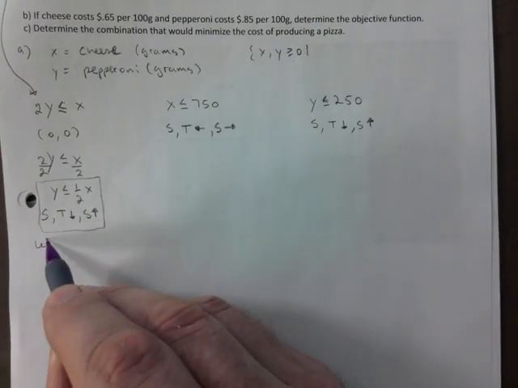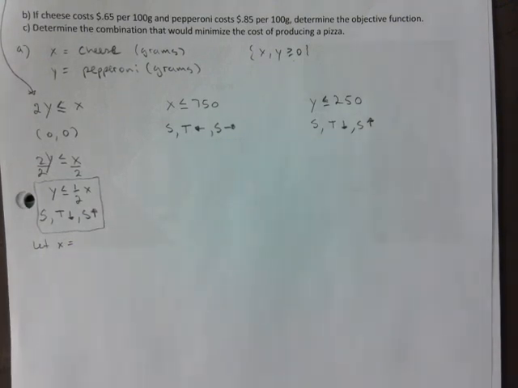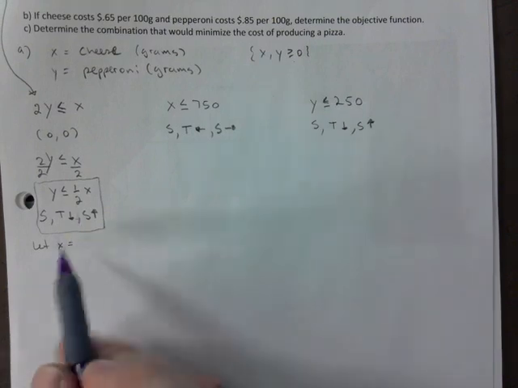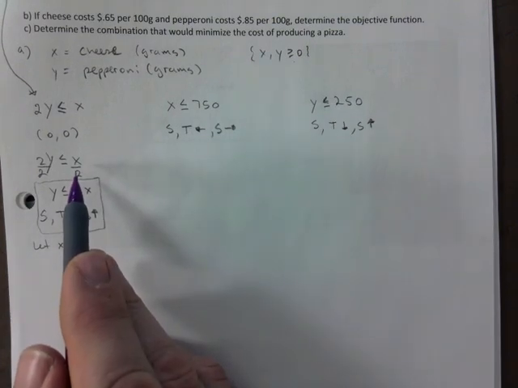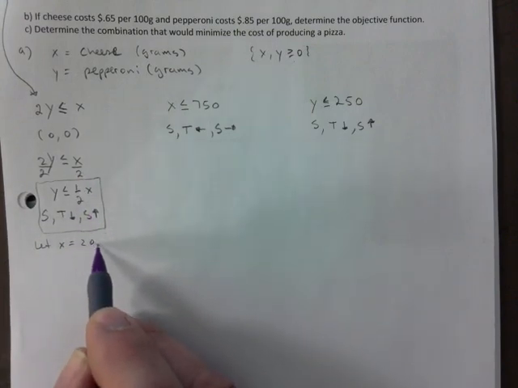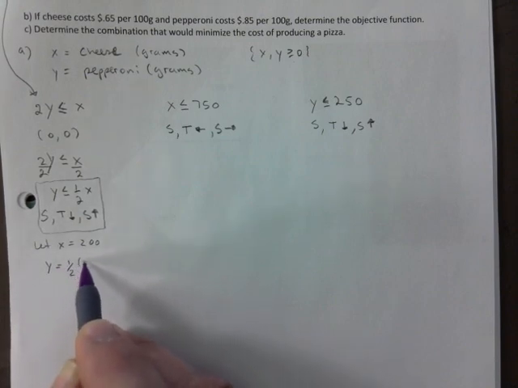What should we let x equal to in this scenario? What would be a smart number to pick for x? Look at the other numbers, they're in the hundreds, right? So can we let x be 200? I think that's a pretty good one. If you let x be 200, then y will be 1/2 times 200.